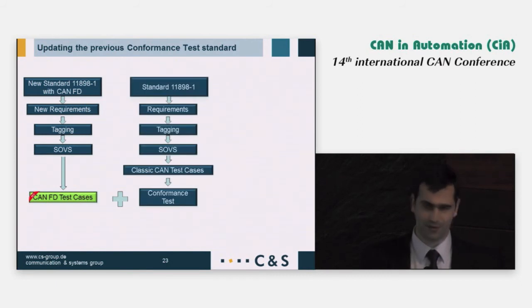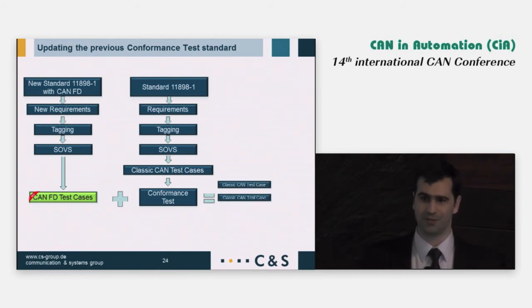We integrated the candidate test cases into the previous conformance test specification, and respecting always the structure. The previous classic CAN test cases remained as they were, and the new candidate test cases, when possible, were integrated into the classic CAN test cases.